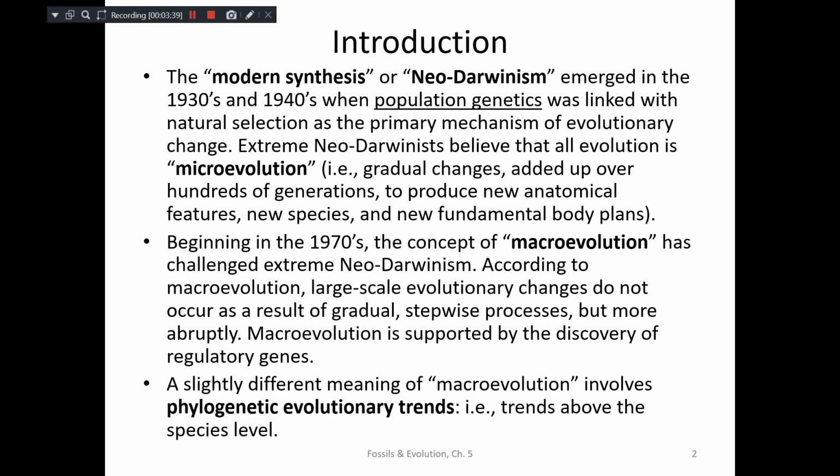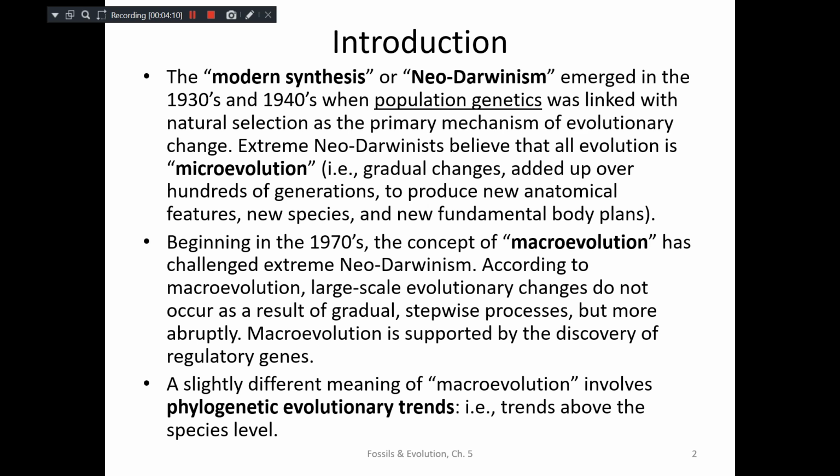So here, especially this modern synthesis or neo-Darwinism started in the 1930s and 40s when population genetics gained importance and it is linked with natural selection. So this major change what you expect here is, the neo-Darwinism believes that all evolution is microevolution.